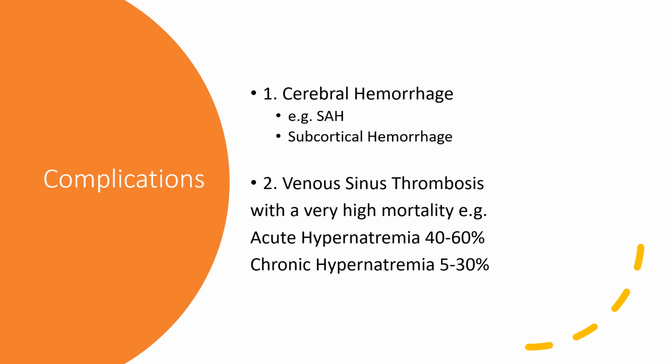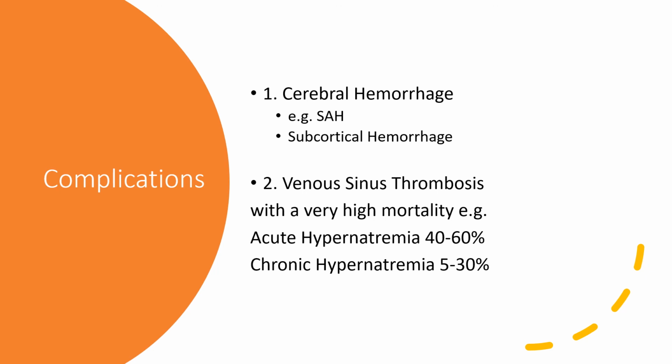It's likely that the individual could have venous sinus thrombosis, and with that, the mortality will be very high, particularly in acute hypernatremia with venous sinus thrombosis. The mortality rate could be as high as 40 to 60%.